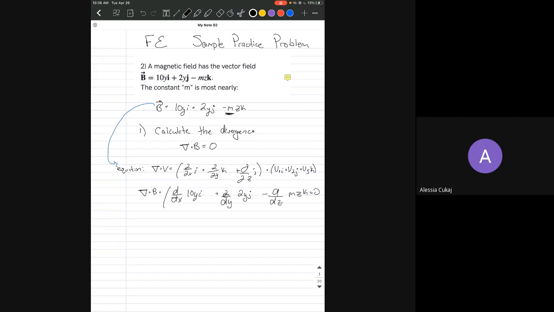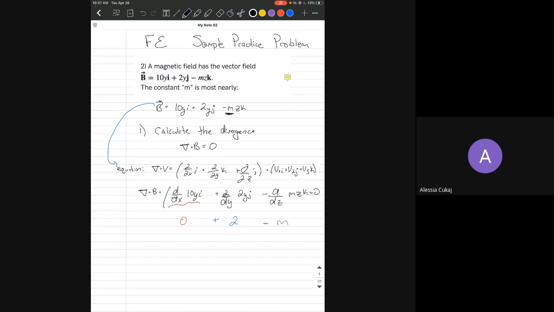Once we take the partial with respect to x, there is no x, so this is going to be 0. Plus, taking the partial of 2y is just going to be 2, because the partial of y is just 1. And then same scenario here: once we take the partial with respect to z of mz, you just get m.